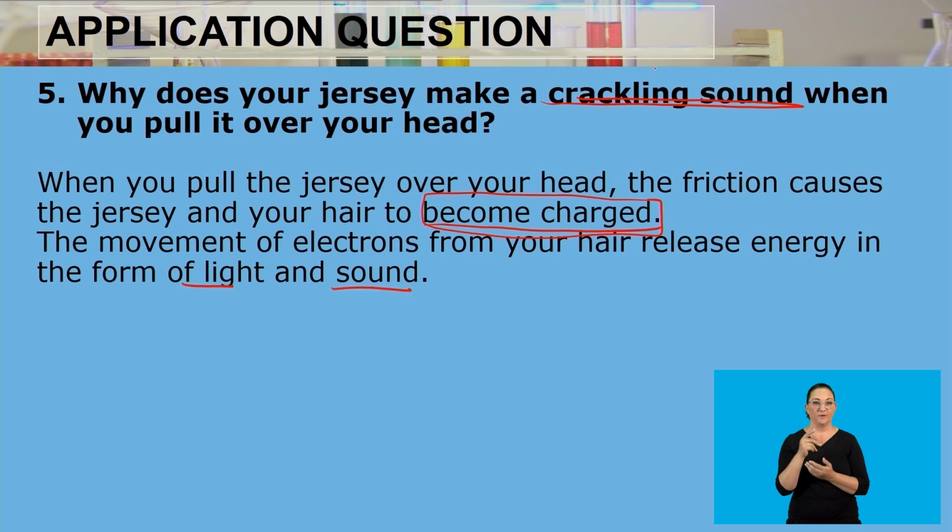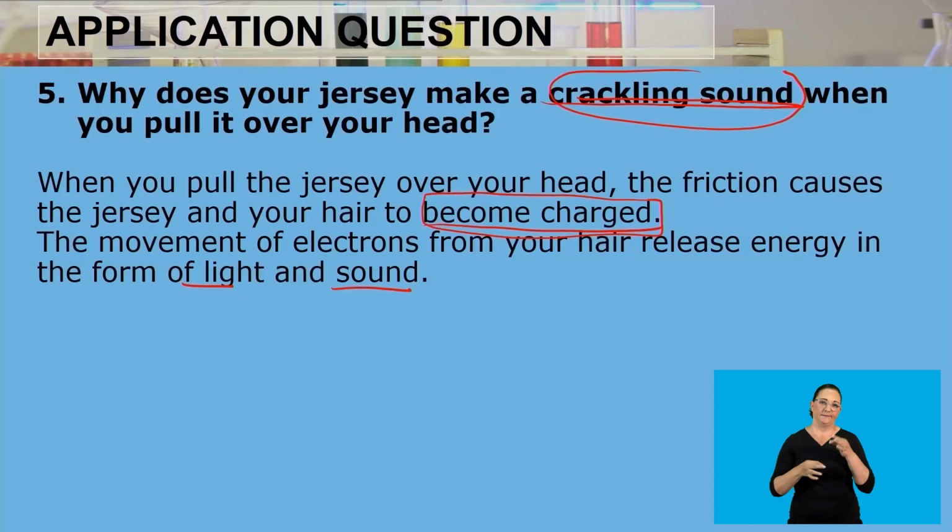The sound is that crackling sound that you hear, and the light is that spark that you see whenever you're trying to take off your jersey, or even wear it, when electrons are being transferred from your hair into the jersey. So that is the explanation of why your jersey makes a crackling sound when you pull it over your head.